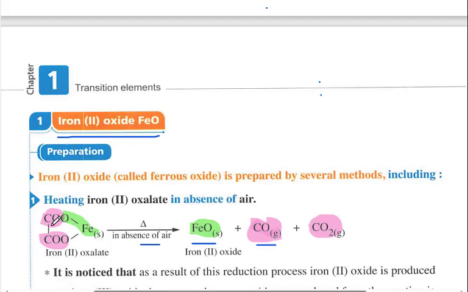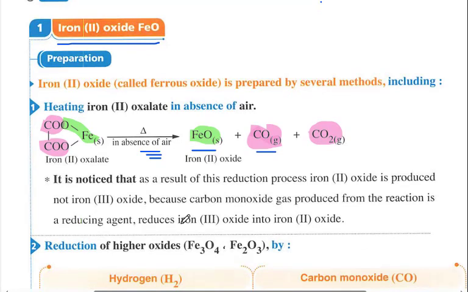So by heating ferrous oxalate in the absence of air, it produces iron 2 oxide and carbon monoxide and carbon dioxide. Why is ferric oxide not formed here? Because of the strong reducing property of carbon monoxide, which makes all the oxide iron 2 oxide, not 3 oxide.